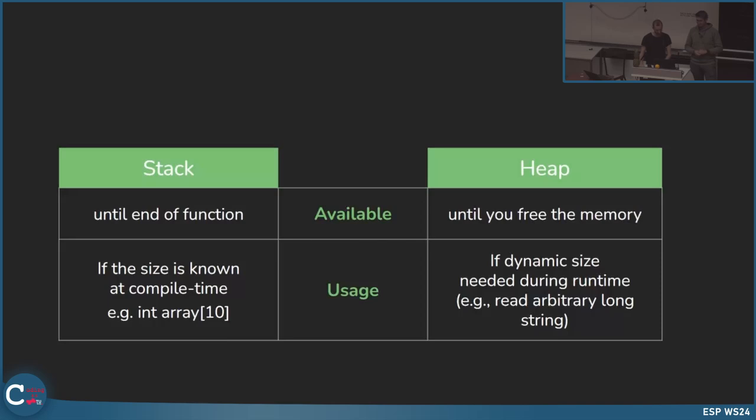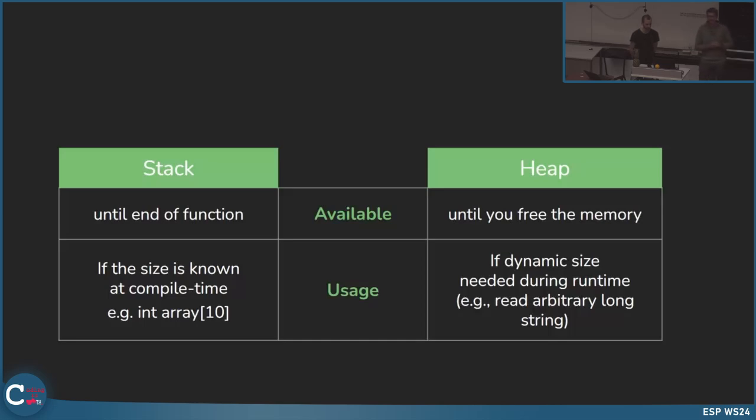And so as a short summary, what are the differences between the stack and the heap? The data of the stack is available until the end of the function. And the data on the heap is available until you free the memory. So they have a different lifetime. And also the usage is a bit different.